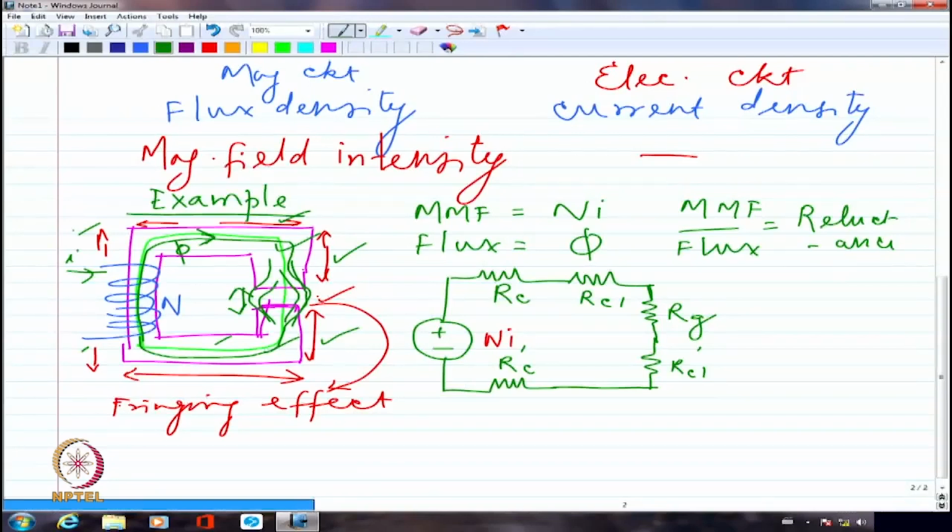So, let us try to take a probably quick look at one of the machines, maybe a DC machine. If I take a DC machine, as I told you, there will always be a stator and there will be a rotor. The stator in the case of a DC machine produces the magnetism that is required, which is acting like a via media between the electromechanical energy conversion process, right?